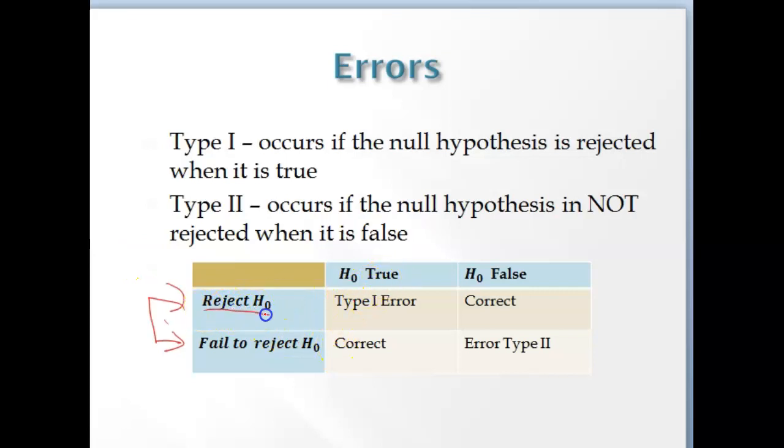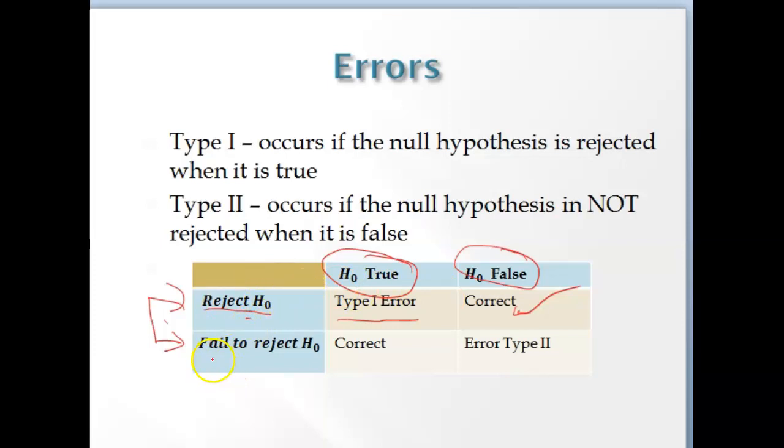If we reject the null hypothesis when it's actually true, then we have committed a type 1 error. That is, we're rejecting the null hypothesis when it is true. If we reject the null hypothesis and it is false, then we've made the correct decision. If the null hypothesis is false and we reject it, then we have made the right decision.